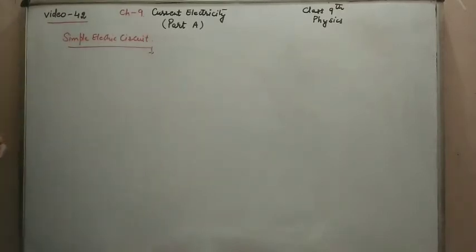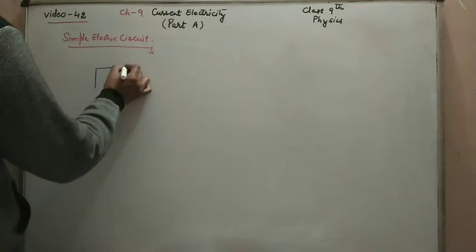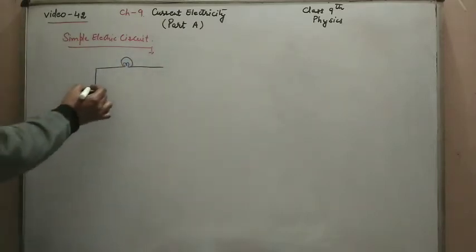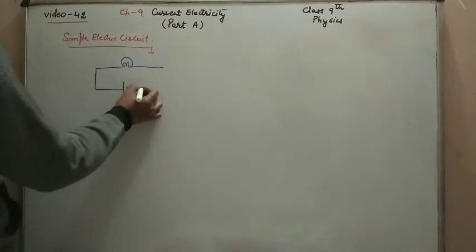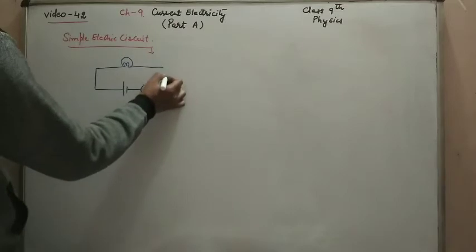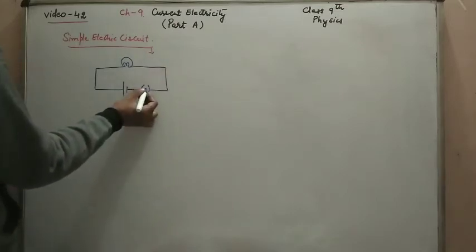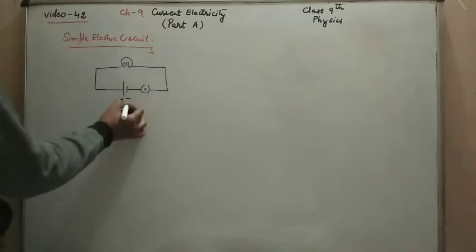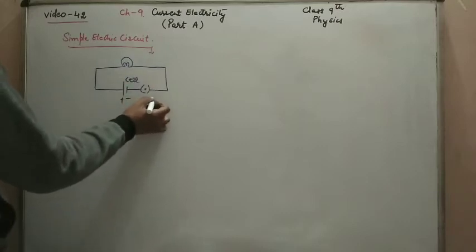Now in this we can consider one of the bulb which is represented in this way, and here is the cell, source of current, and here is the plug key which is open, but if I put one dot over here it is closed one. Here is the cell, you can label it also, cell, plug key.